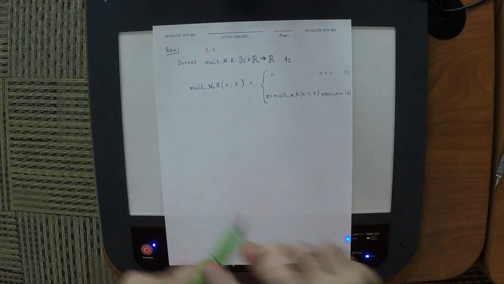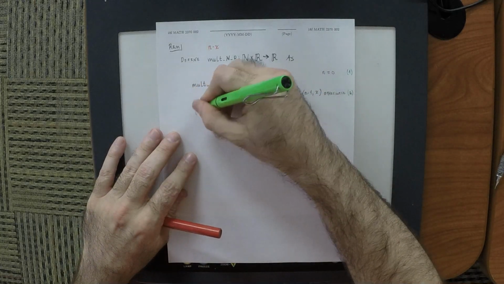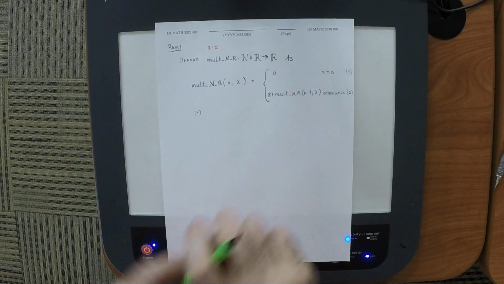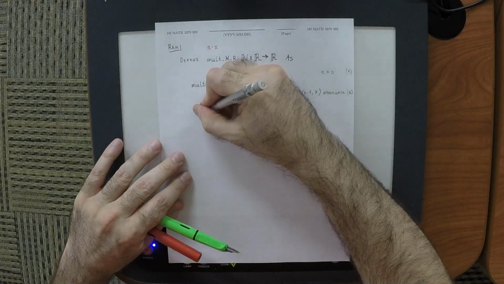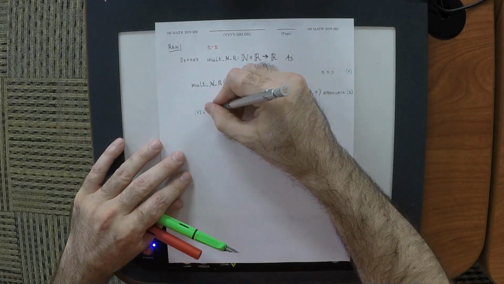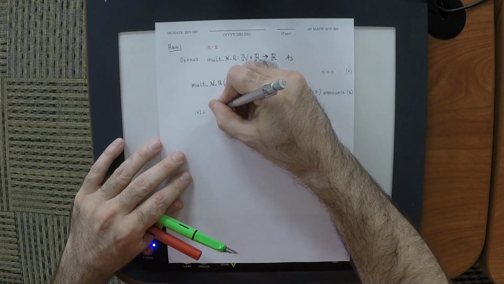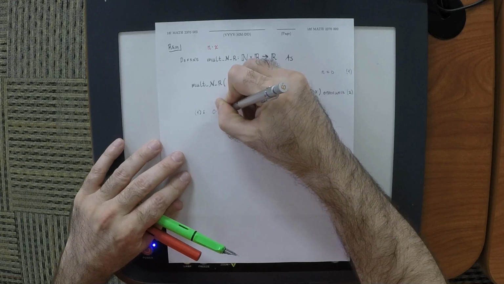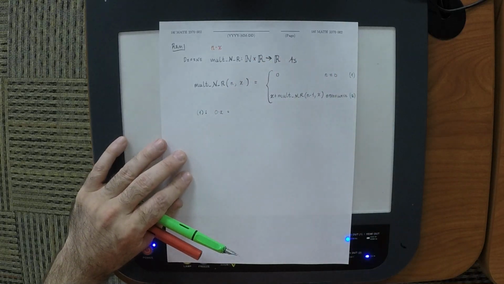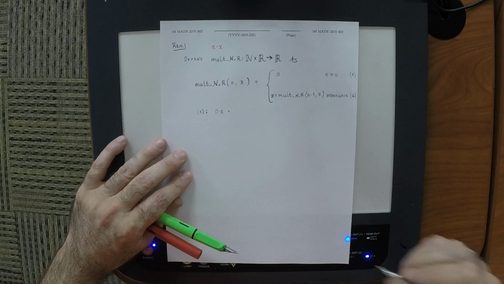The reason why this definition works in the end is because the first one is necessary. It's saying that 0 multiplied by x, using your previous information about multiplication, well, that's 0, isn't it?